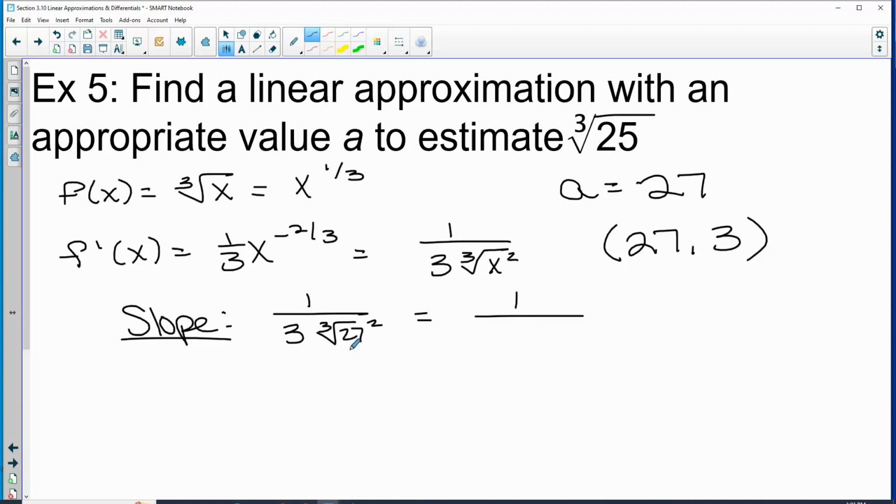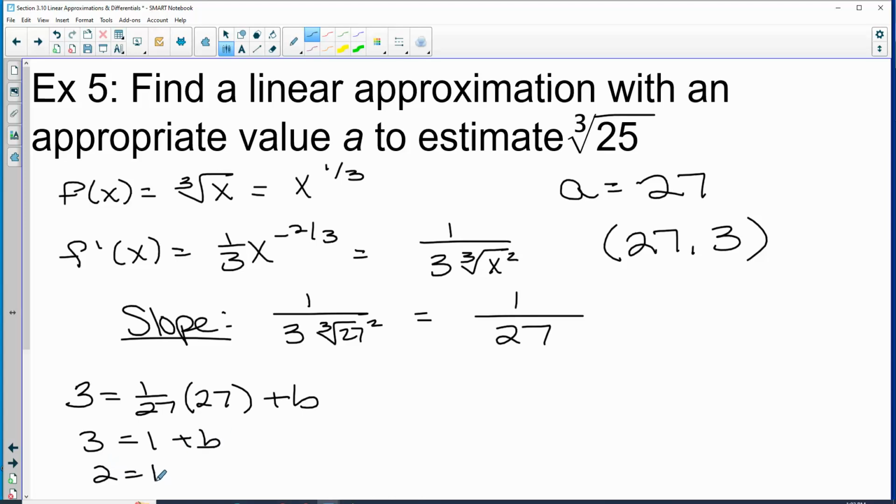What's the cube root of 27? 3, 9, 27 again. So our linearization is 1 over 27 x plus 2.